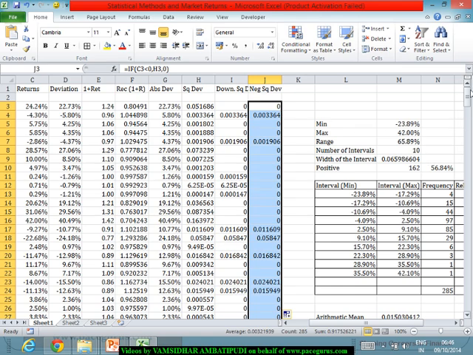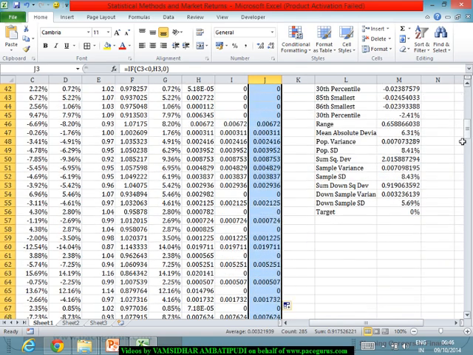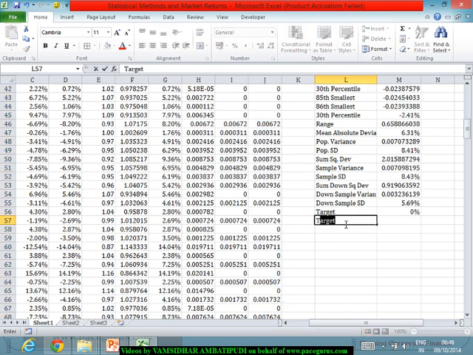So when I am computing the target based sum of squared deviations, I am getting the summation to be only this much. And from here, if I find out the target based sample variance, I am taking this number divided by n minus 1.